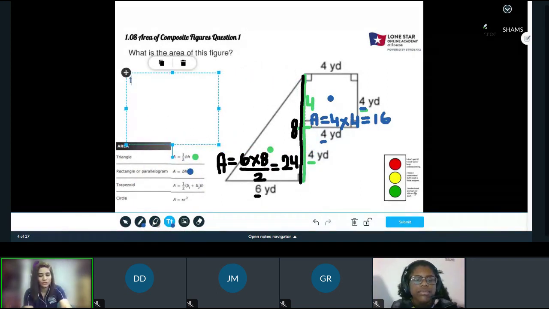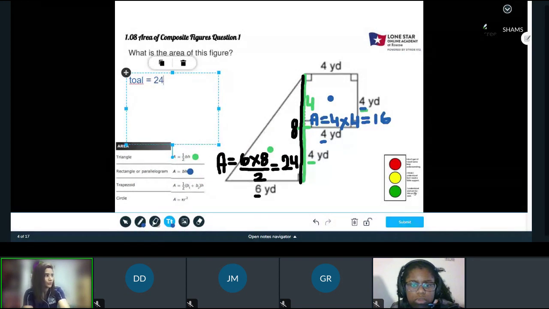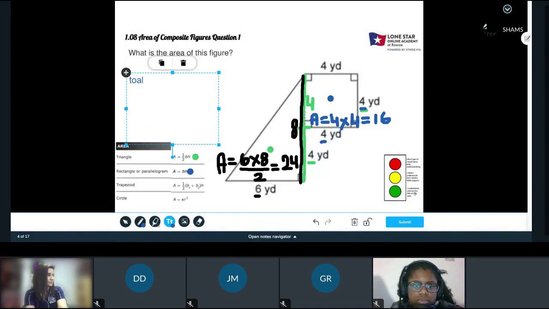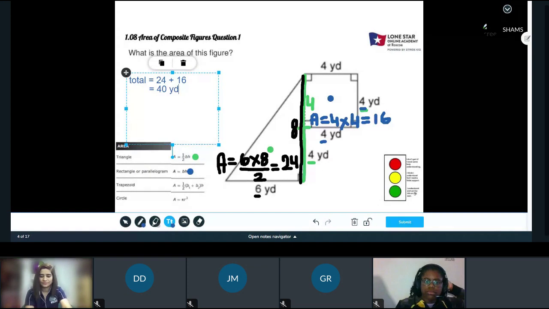We write down total will be area of the triangle, that is 24. Plus area of the square, that is 16. And you will get the total of 40. 24 plus 16, get 40. Units will be yards squared.